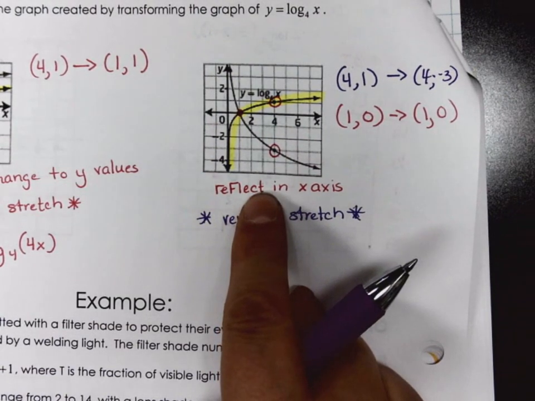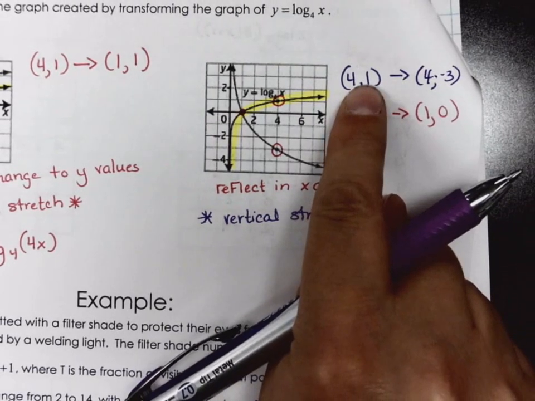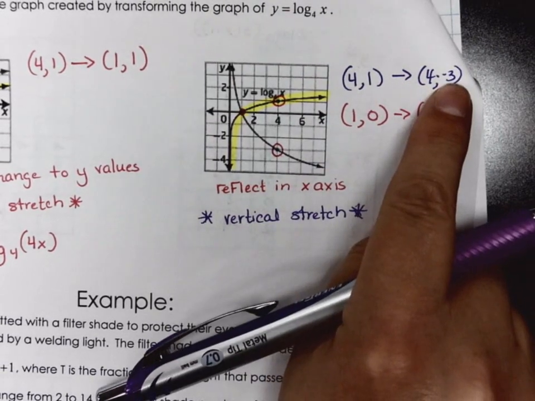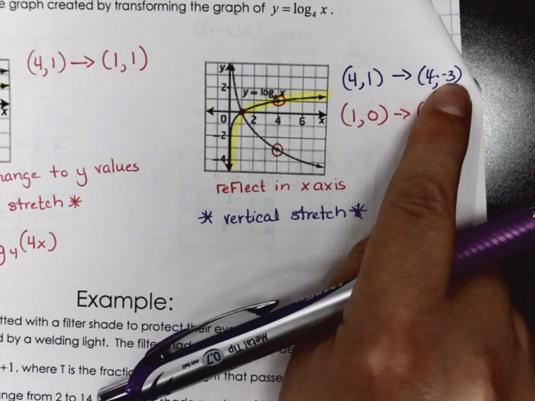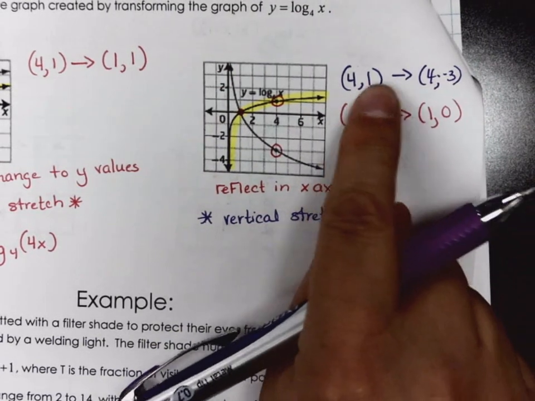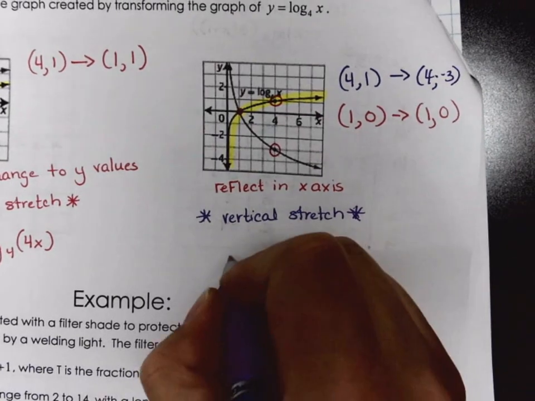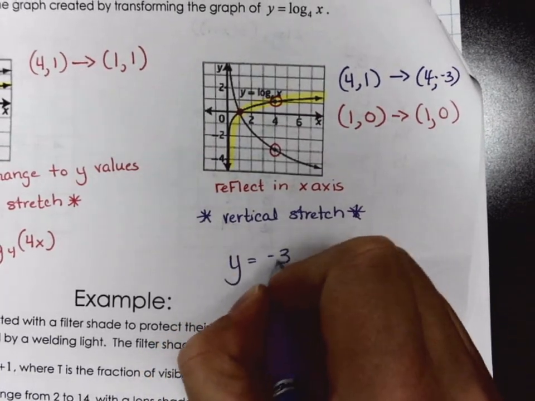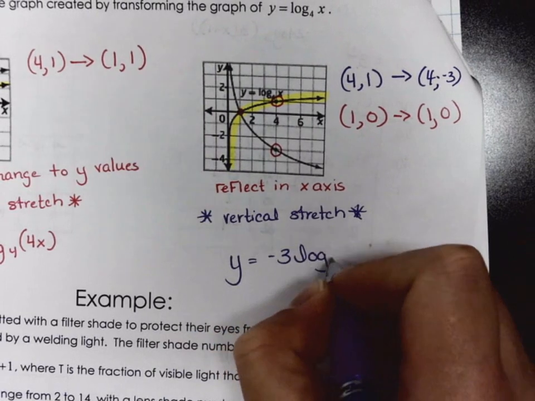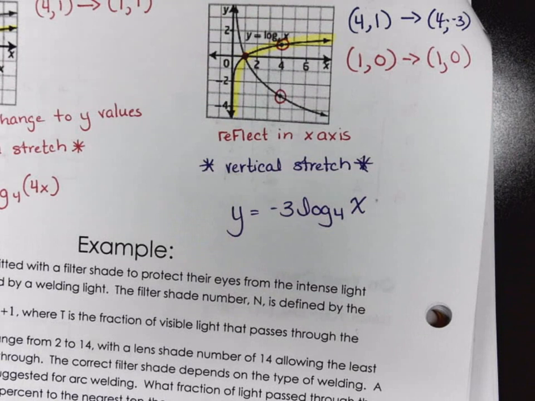So we already knew that was going to happen. But what do I have to multiply 1 by to get it to change to a 3? 3, right, everybody? And 1 times by what gives me -3 is going to be -3. So my equation would be y equals -3 log base 4 of x.